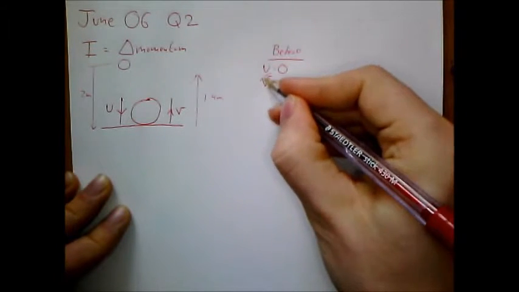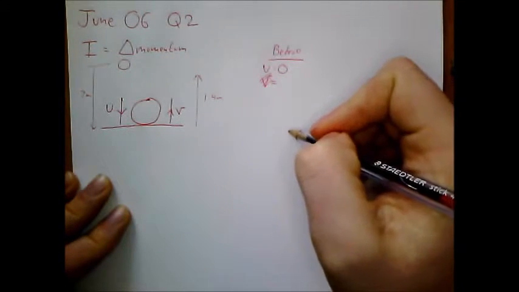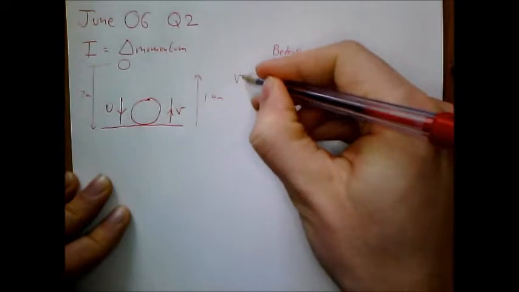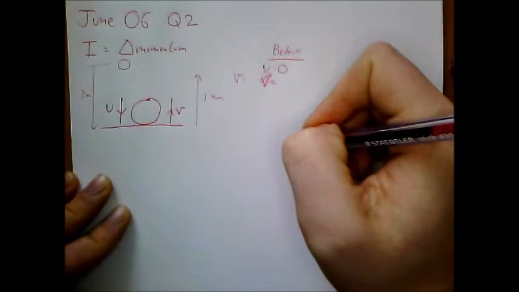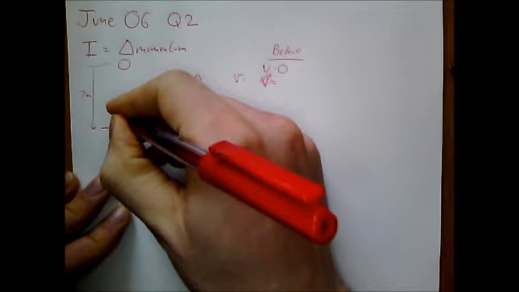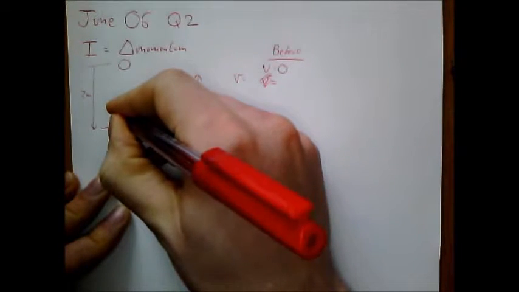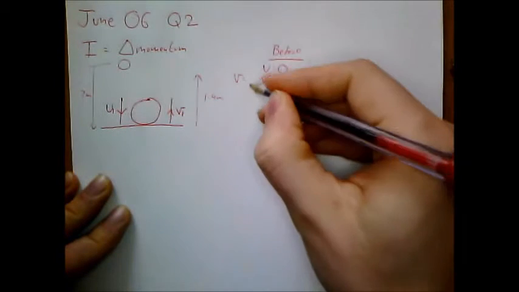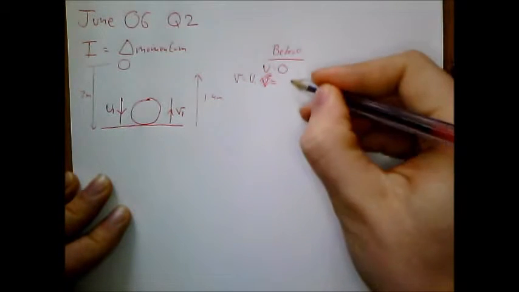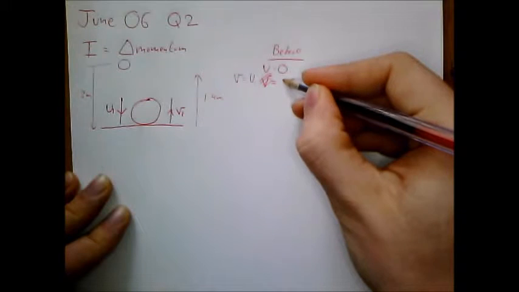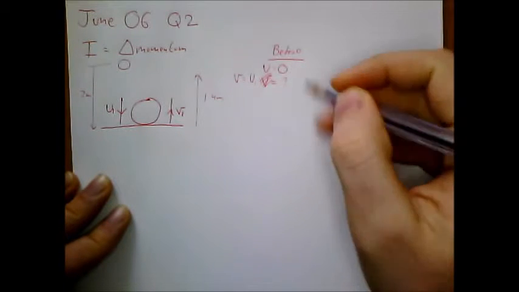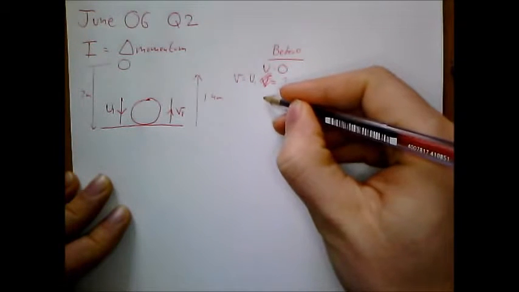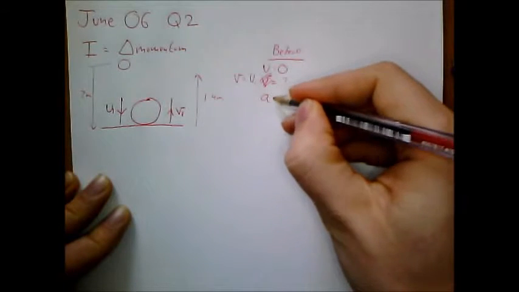So maybe I change this u and v to u1 and v1. So v1 equals what we want to find. We know the acceleration.